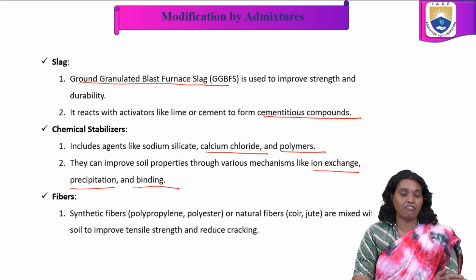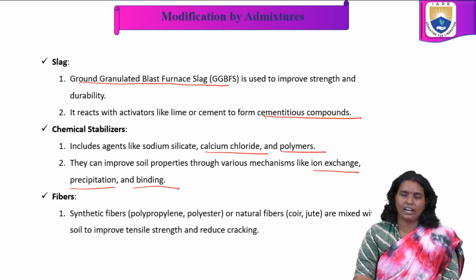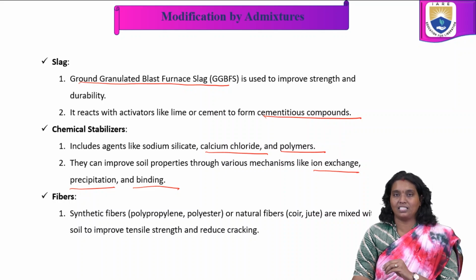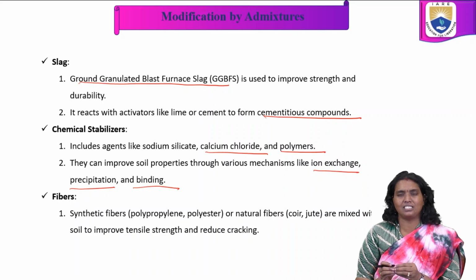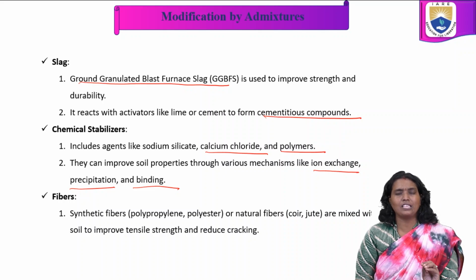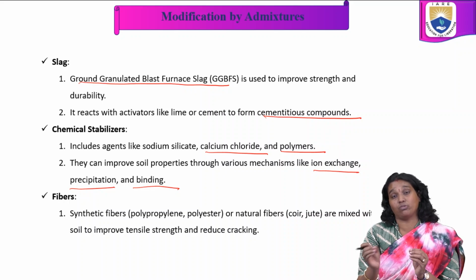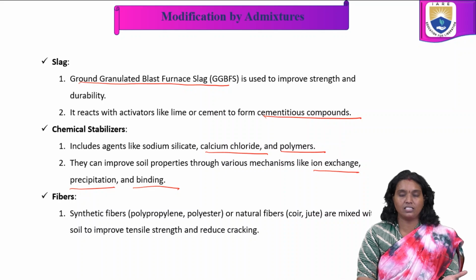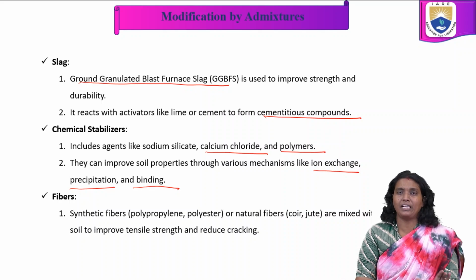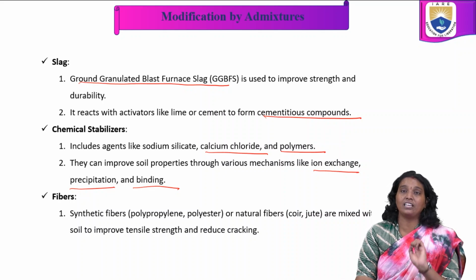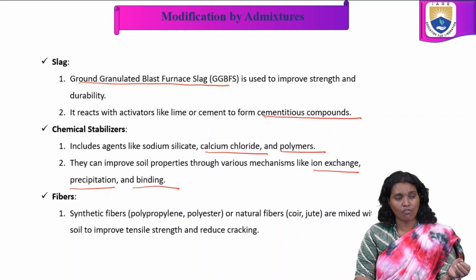It depends upon where the particular soil is located and what kind of changes we require. Based on that, we include the agents. So based on which type of agent and which mechanism it gives, whether ion exchange or binding, it depends on the type of stabilizer we include.